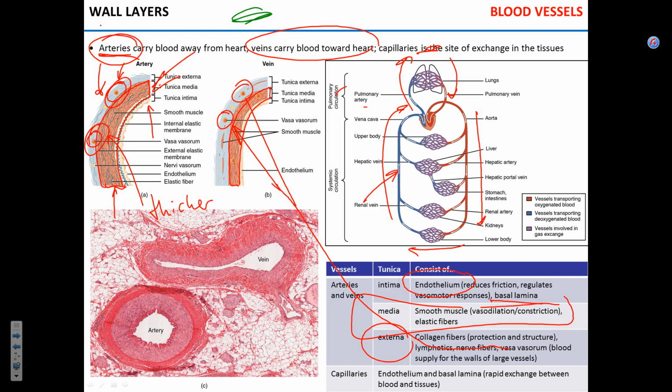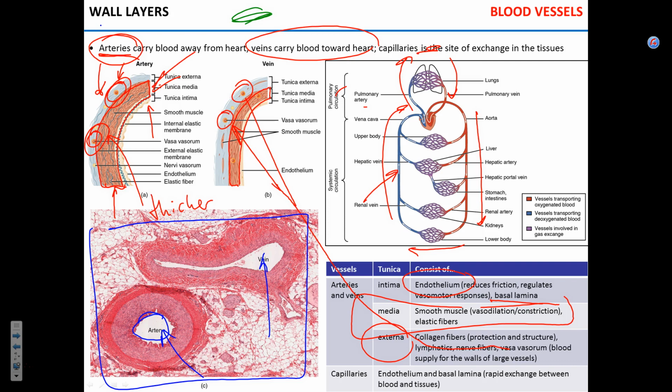The micrograph in the left bottom corner of the slide shows you the cross-section, the vein, the artery. You can see that artery is much more, I would say, composed. It's more circular. And usually arterial lumen, generally speaking, is smaller than the lumen of a vein.